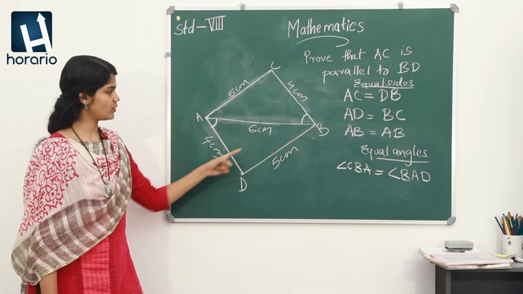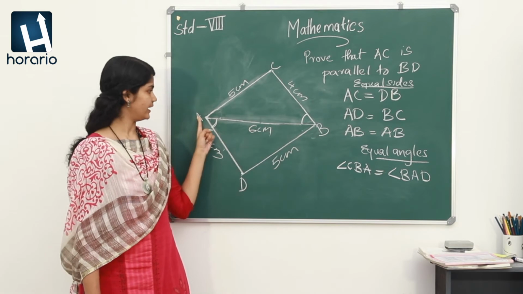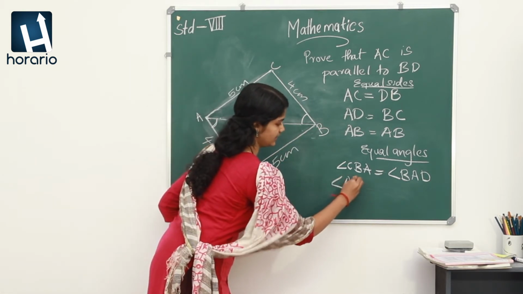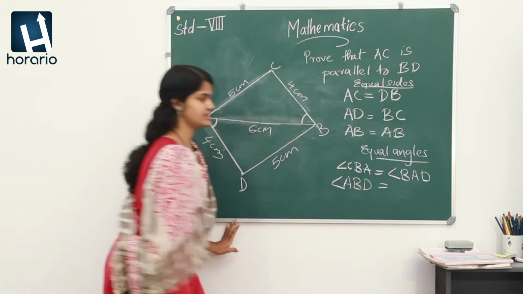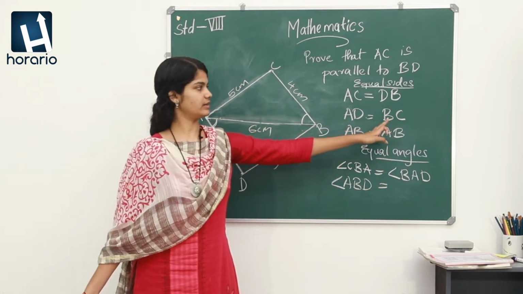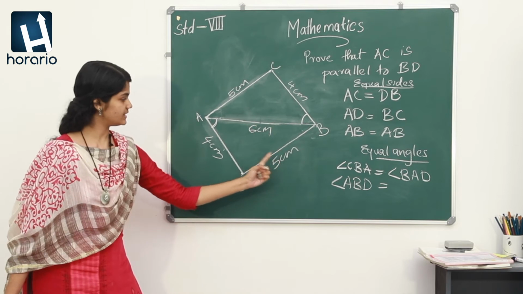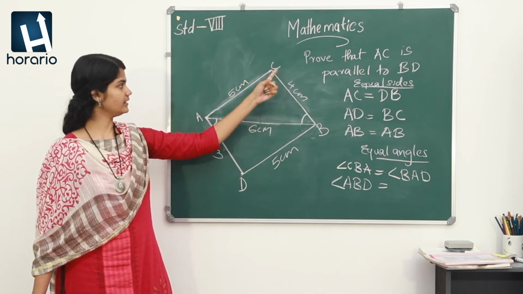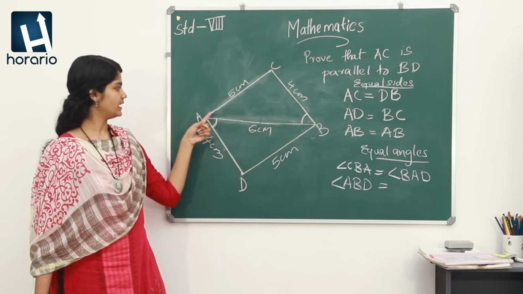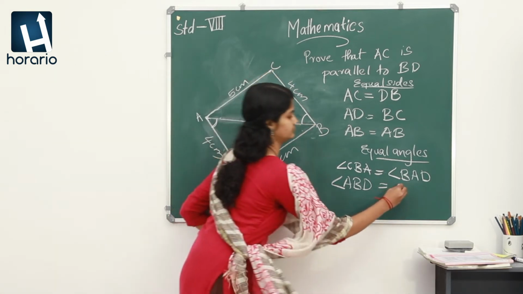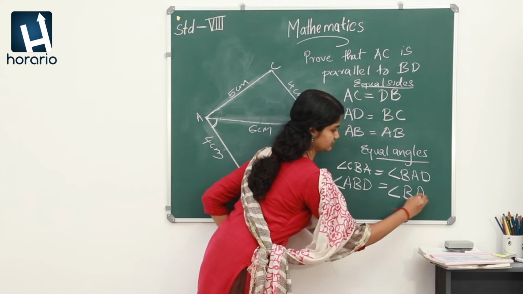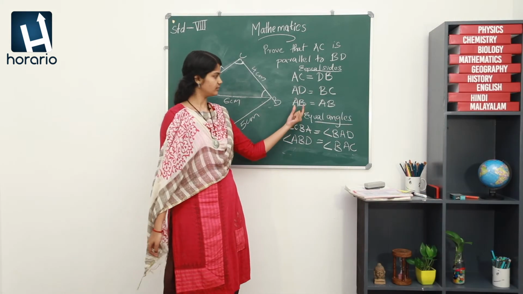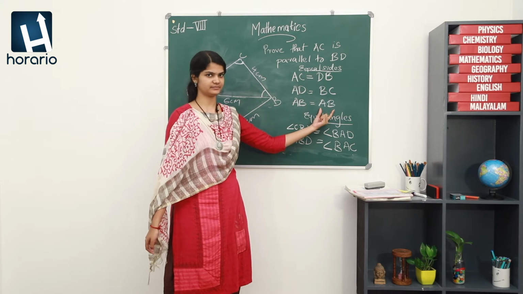Now, let us take side AD equal to BC. Here AD's opposite angle is angle ABD. Angle ABD is equal to which angle? It is here given BC. So, BC's opposite angle is angle BAC. Right? So, here AB is equal to AB.